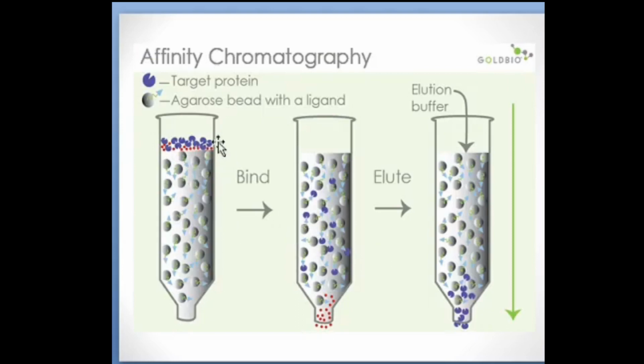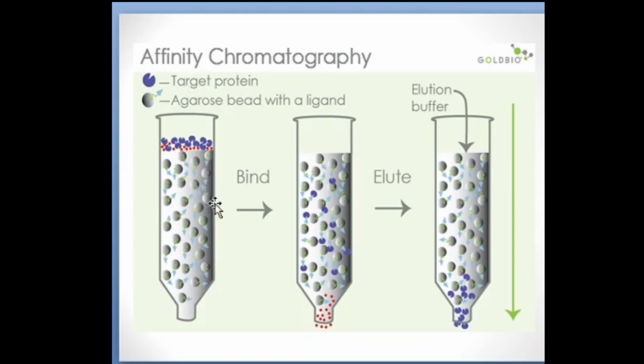Now if you can see in this diagram, the stationary phase is composed of these agarose beads, and these agarose beads have a ligand. What we want to separate is some target protein, and this protein will bind with this ligand.